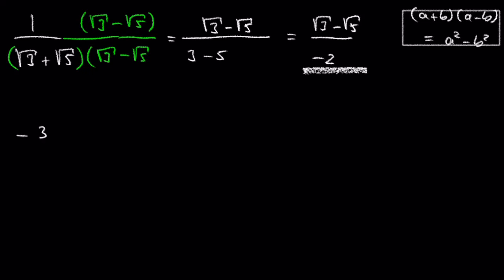Negative 3 over 4 minus the square root of 5. The conjugate of 4 minus the square root of 5 is 4 plus the square root of 5.